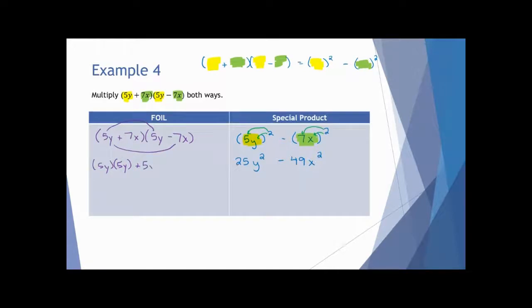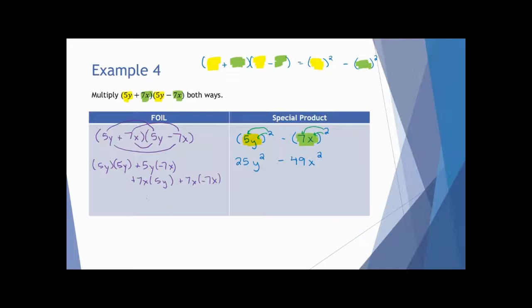Then the outside is 5y times negative 7x. Then the inside is 7x times 5y. And then the last terms are 7x times negative 7x.